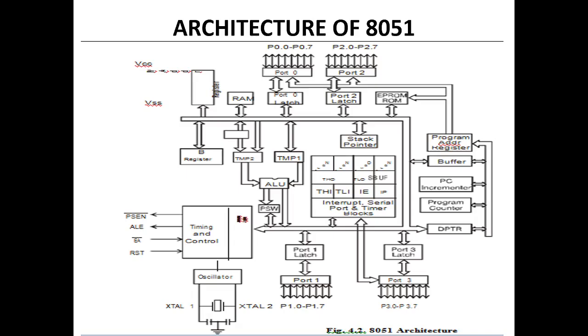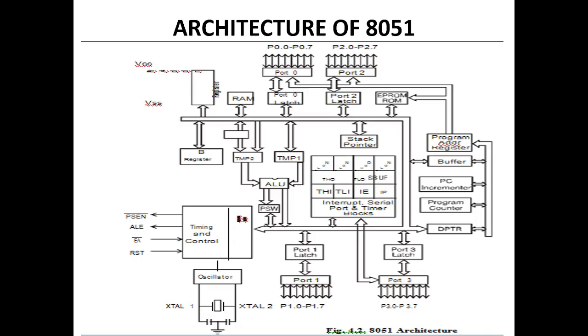This 8051 microcontroller is supported with on-chip peripheral functions like I/O ports, timers or counters, serial communication port, etc. In this block diagram, there is an 8-bit CPU with registers A, that is the accumulator, and B register, and a 16-bit program counter and data pointer. Data pointer is mentioned as DPTR, and the 8-bit program status word is mentioned as PSW.